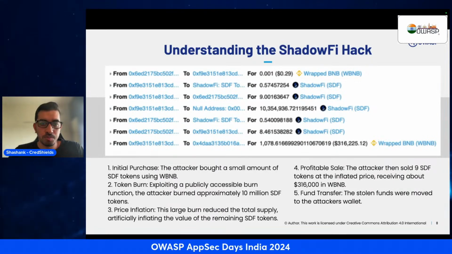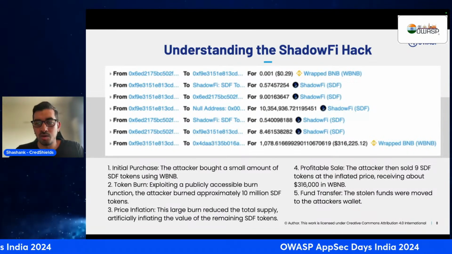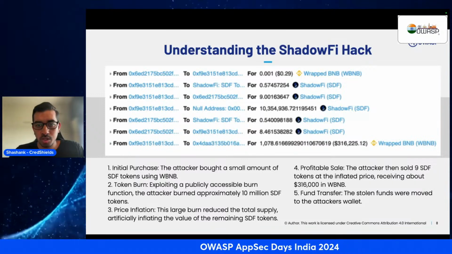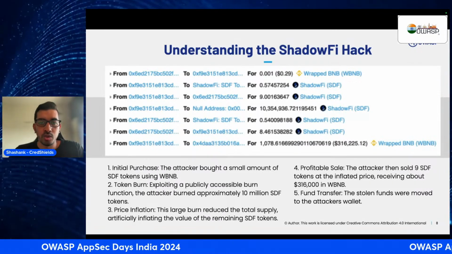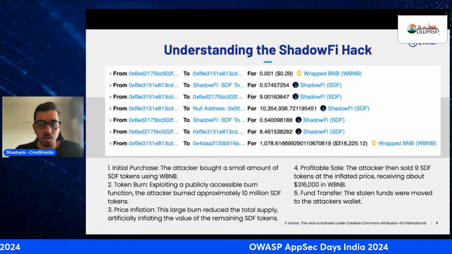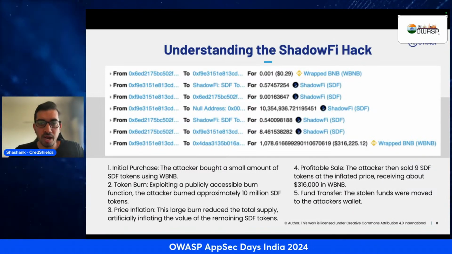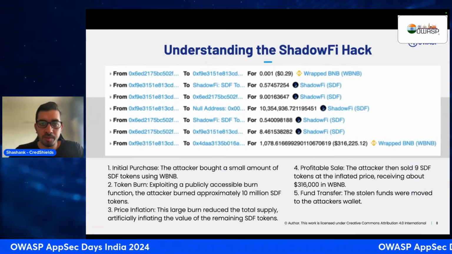So to address this problem, a known method is, for example, you created 1 million tokens and now you want to destroy them. Since there is no way to delete them, what you can do is send them to the null address, which is a zero address. And since nobody has control of the zero address, the tokens are considered burnt or dead.